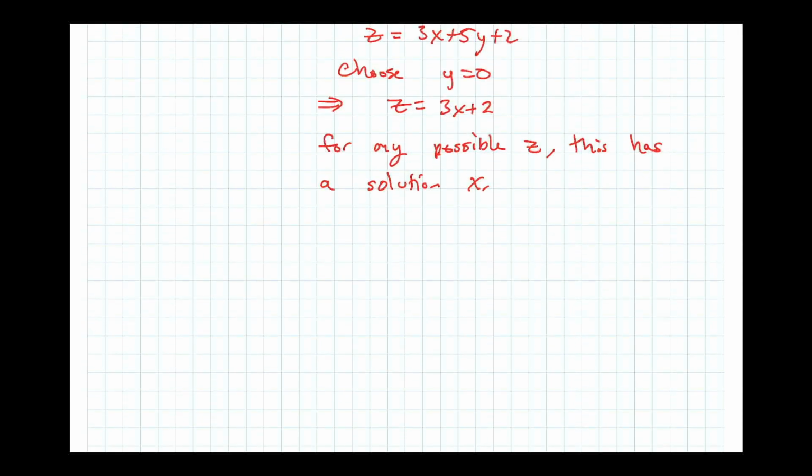How would you know that that's true? Well, if you take that z equals 3x plus 2 and you simply solve it for x, z minus 2 equals 3x, x equals z minus 2 over 3, then no matter what z you pick, this would be the x that makes it possible, right?